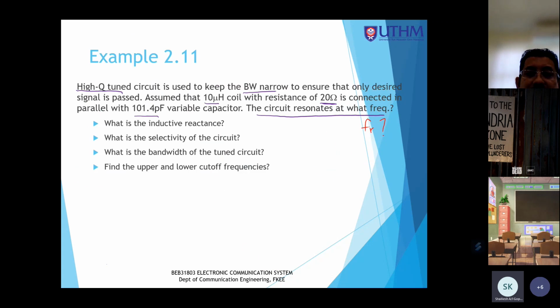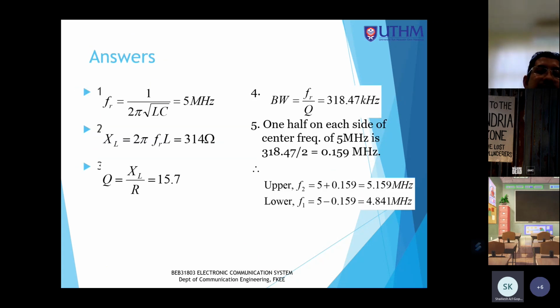So resonant frequency you boleh dapatkan dengan cara ini, FR equal to 1 over 2 pi square root of L multiplied with C. Okay, boleh cuba guna kalkulator. So saya jangka dia punya value tak adalah tepat 5 mega, dia bundarkan kepada 5 megahertz.